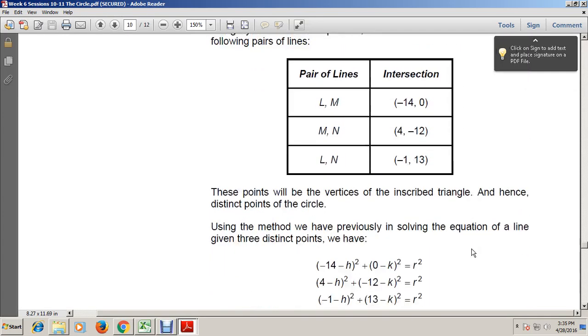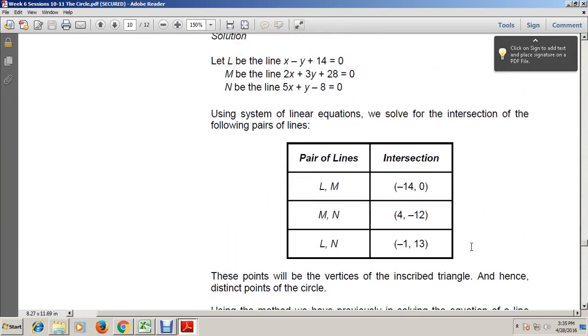It is not presented here as a solution for determining the equation. This would be part of the overall exercise. Although this would serve as a guide to you, the answers for the intersections would be the following. Between the pair of lines L and M, this would be the intersection. M and N is (4, -12). LN would be (-1, 13).